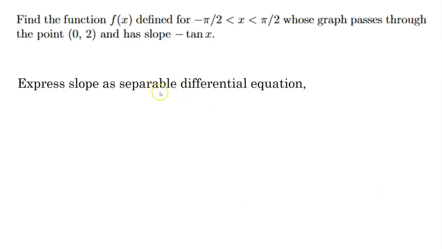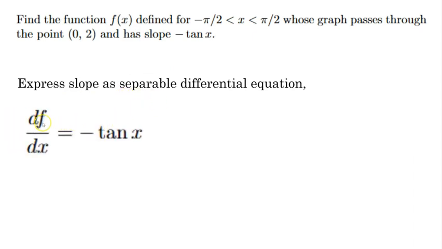Since we're given the slope, we know that the slope is equal to the derivative at that point, right? The slope of the tangent line should be equal to the derivative at that point. So we can express the slope as a separable differential equation.